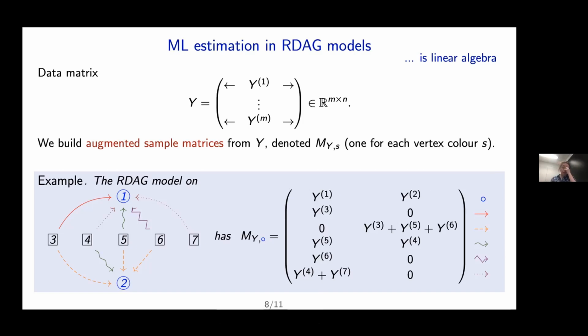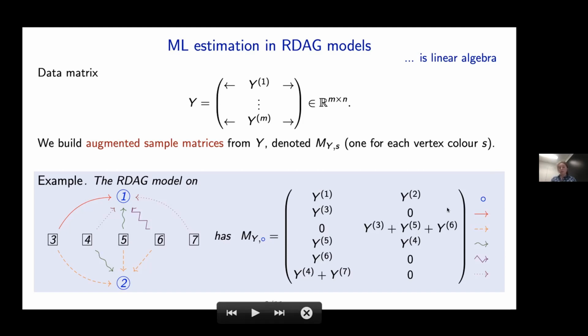The way that we put a row of our original sample matrix in the row indexed by that edge is to ask, is there an edge of that color coming from that vertex?